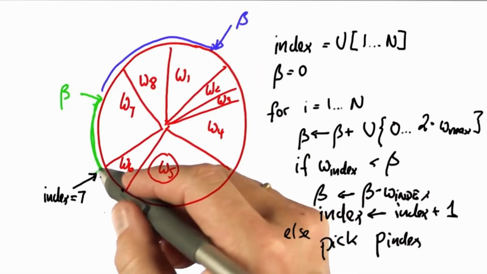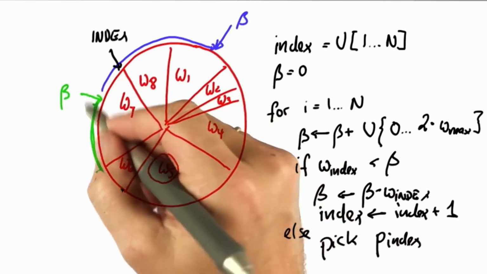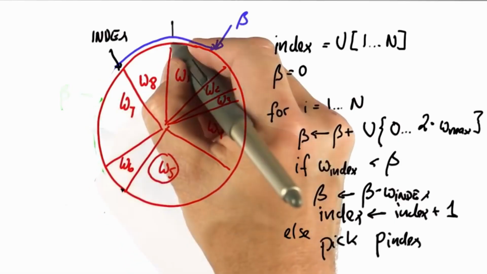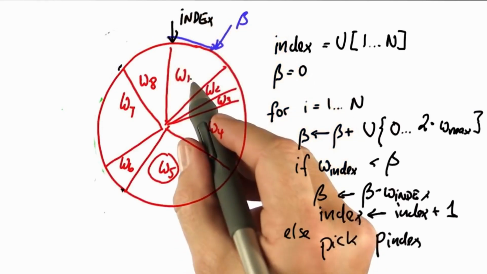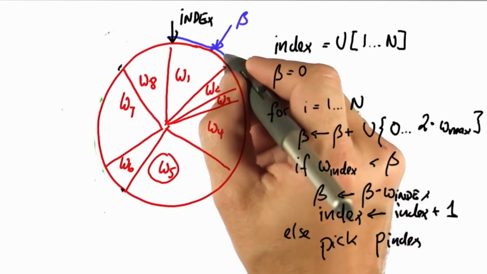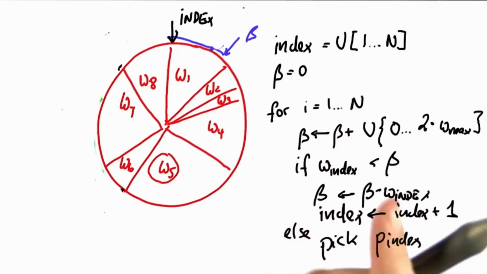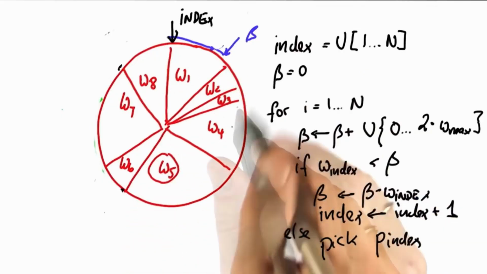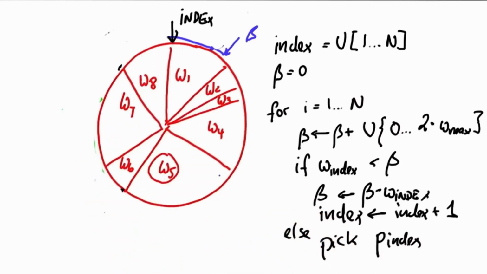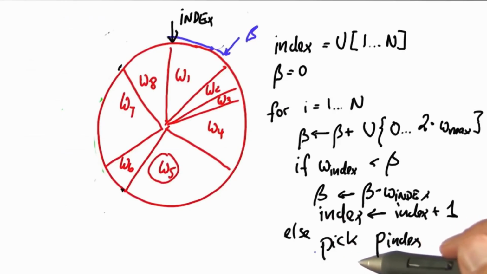The same iteration now will make index flop up, reducing beta by all the slice over here, which is W7. It'll then jump over here, and particle 1 is picked. It can easily happen that the uniform value is so small that the same particle is picked twice. And it's easy to see that each particle is now picked in proportion to the total circumference it spans in this wheel of particles. So this is essentially my implementation for the resampling step.